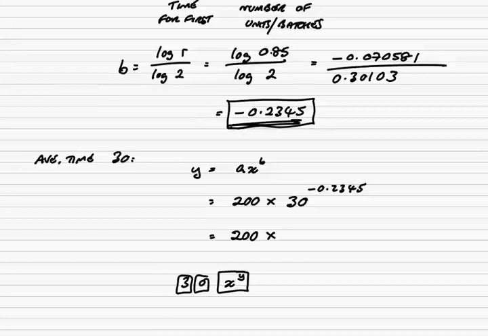I then go 0.2345, but importantly, for the moment, no negative. But I then have a button that says plus stroke minus on it, and I press that, and you'll see it now shows minus 0.2345.